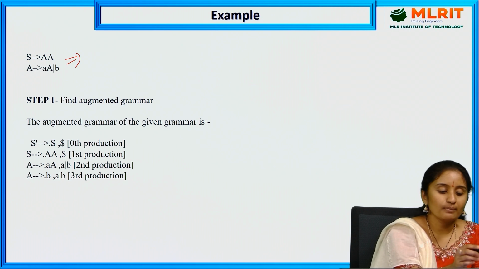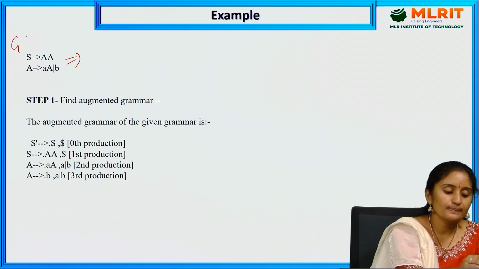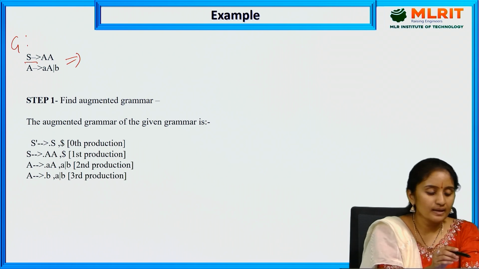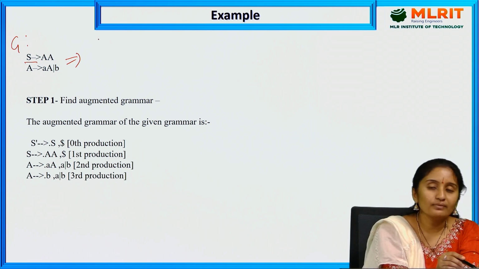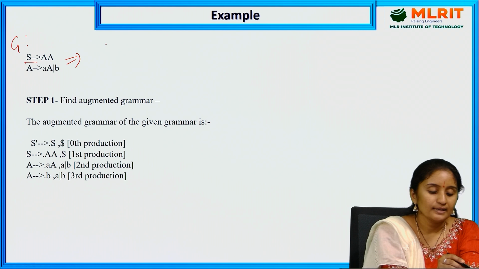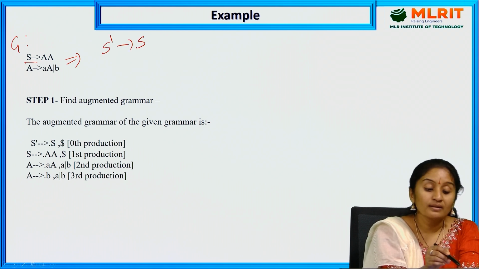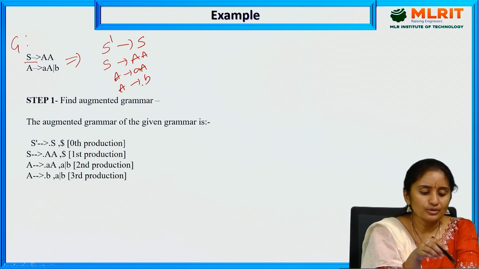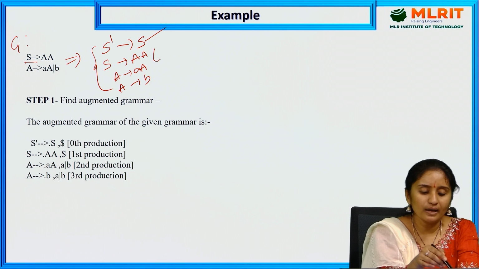In this grammar, the start state is S. So we write a new production, S dash tends to S. After that, we have my original productions, S tends to AA, A tends to aA, A tends to b. First we have written the augmented grammar, and these are the original productions of the grammar.